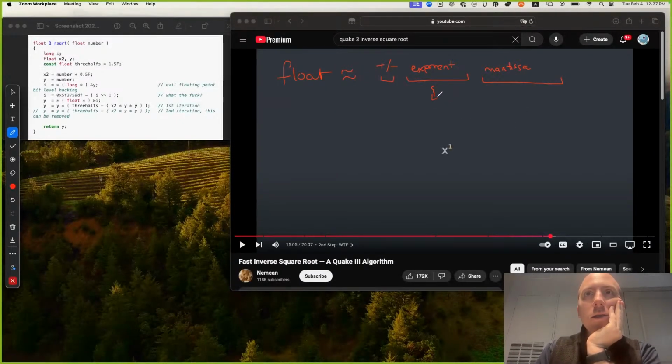The exponent gets subtracted by 127, and the mantissa, instead of being x dot whatever, we hard code a 1 here, and then we do the remaining bits.